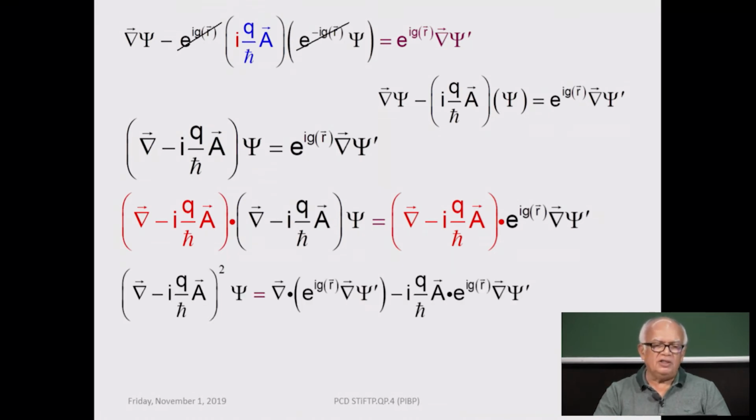So, on the left hand side you have got the square of this operator. On the right hand side you have got now two terms. One is the divergence of what was originally on the right hand side, and the second term involves the scalar product of A with the gradient of psi prime, okay, and then it is multiplied by this iq over h cross and of course the e to the igr.